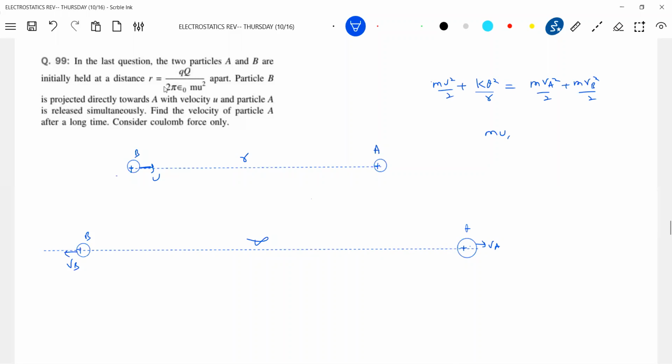Applying conservation of momentum, mu equals mva minus mvb. Agree, so things change a little bit. Interaction potential will come into the picture. Initially, they'll interact because of finite distance.